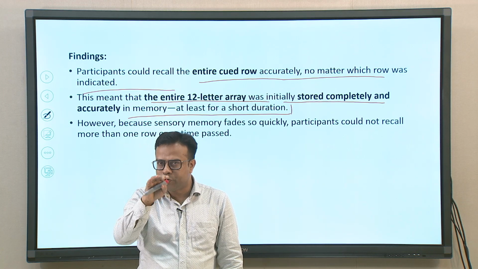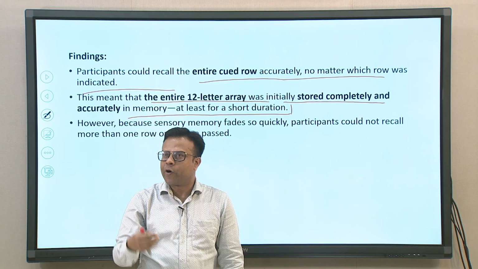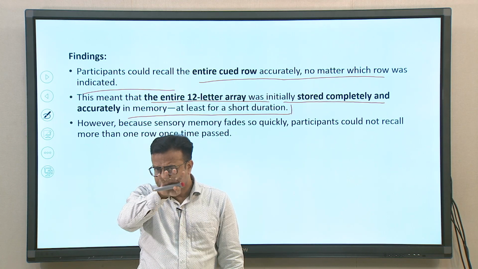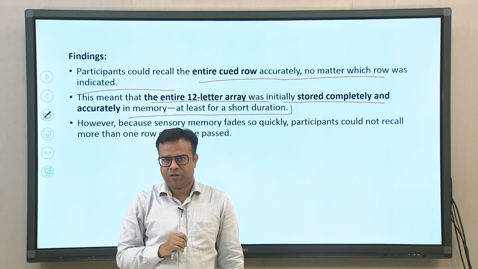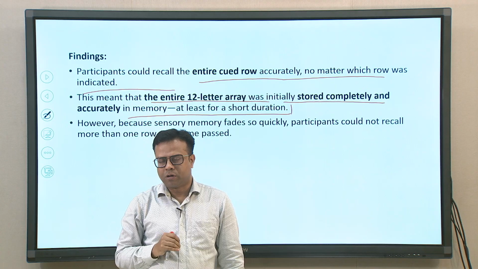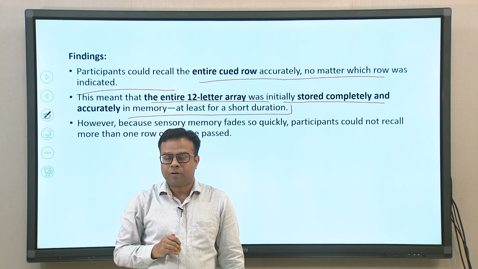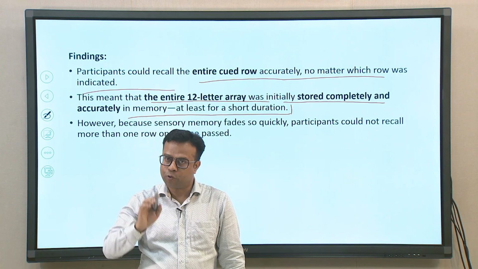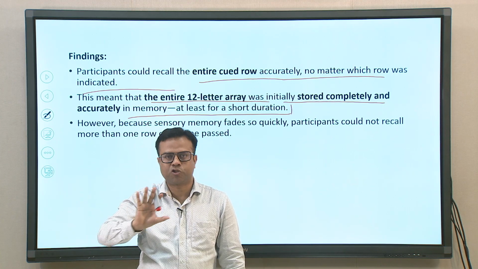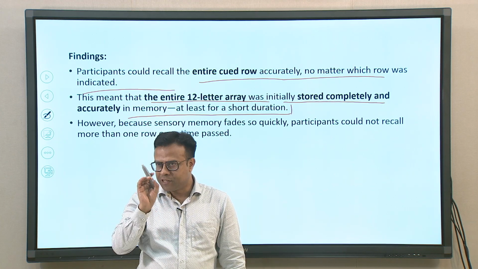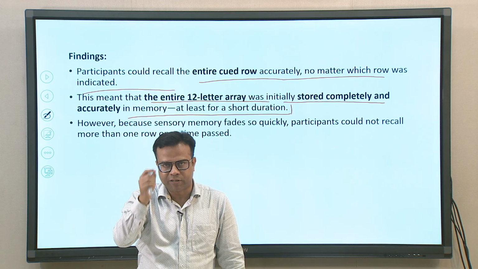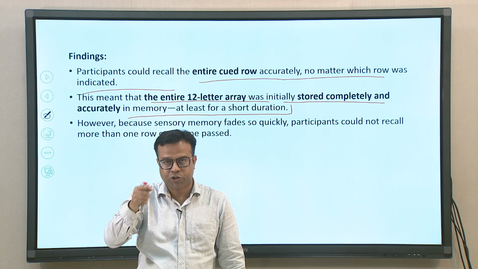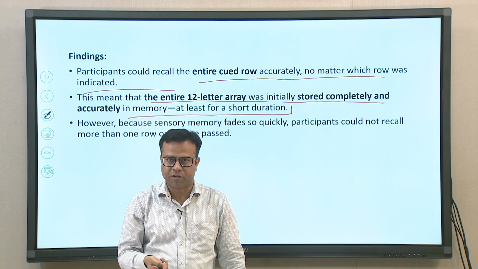To reduce that, he used the partial reporting method, where they are not supposed to report everything, only 4 letters, the top, middle or bottom row. This time they could report accurately whatever row was asked. Since it took less time to report 4 letters, the information was still retained in their sensory memory.